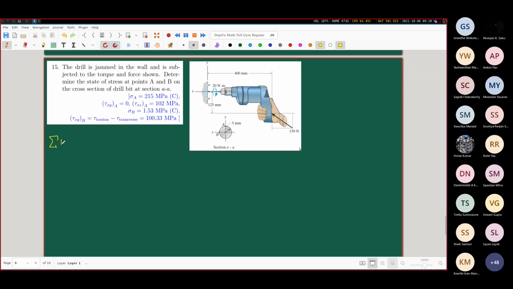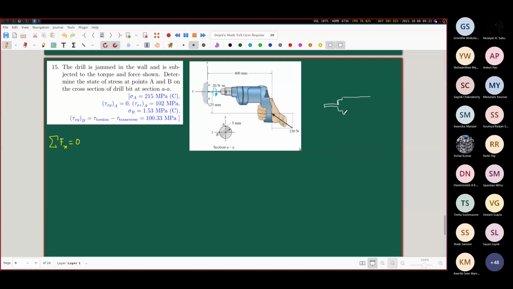First of all, sigma Fx equal to 0, the force balance along the x direction. Now, just writing an equation like this without drawing any free body diagram is a crime against mechanics. So we must draw a free body diagram also. This is our drill bit. Very rough kind of free body diagram, but a free body diagram nonetheless.